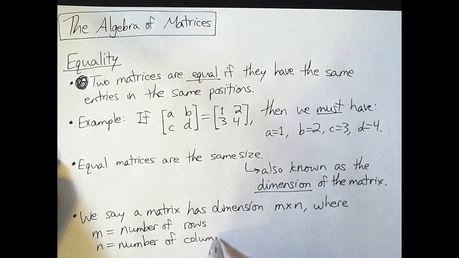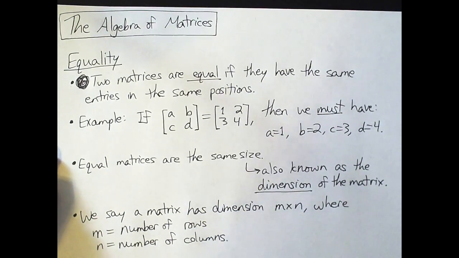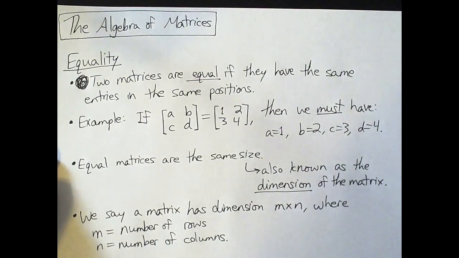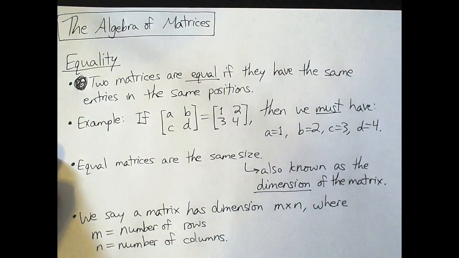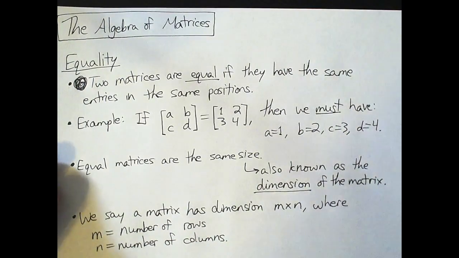So we say the rows first. So, when I've been saying that this matrix is 2 by 2, it has 2 rows and 2 columns.